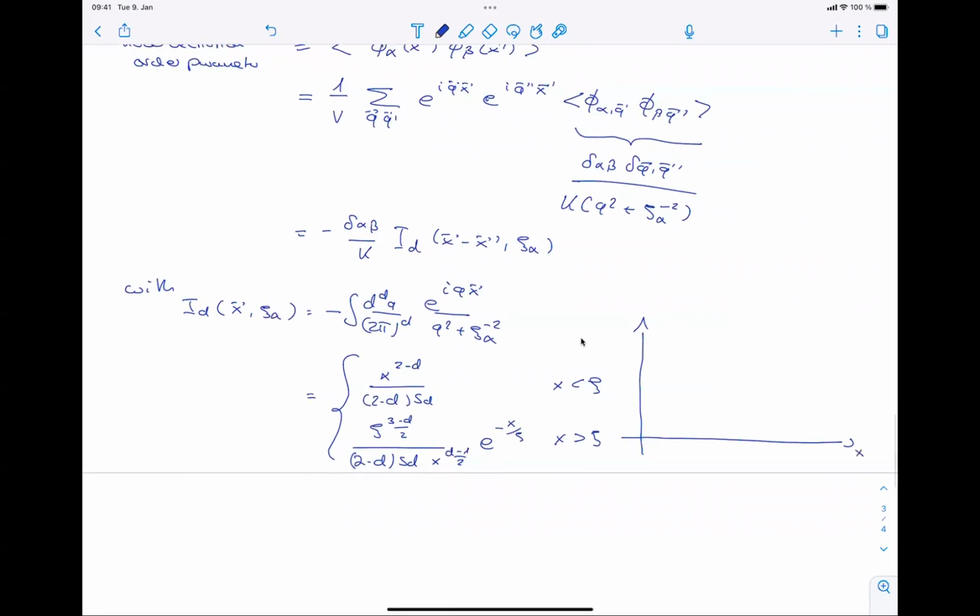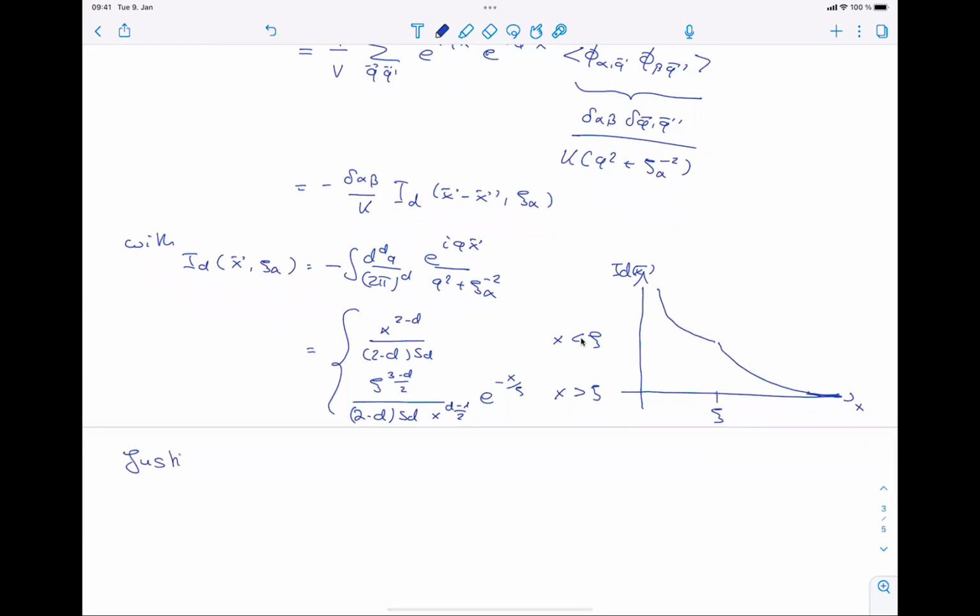So if we plot now this function ID of x as a function of x, we first have a power law kind of decay until Xi, and then an exponentially dominated decay after that. So this is really now the justification for Xi being identified as correlation length.